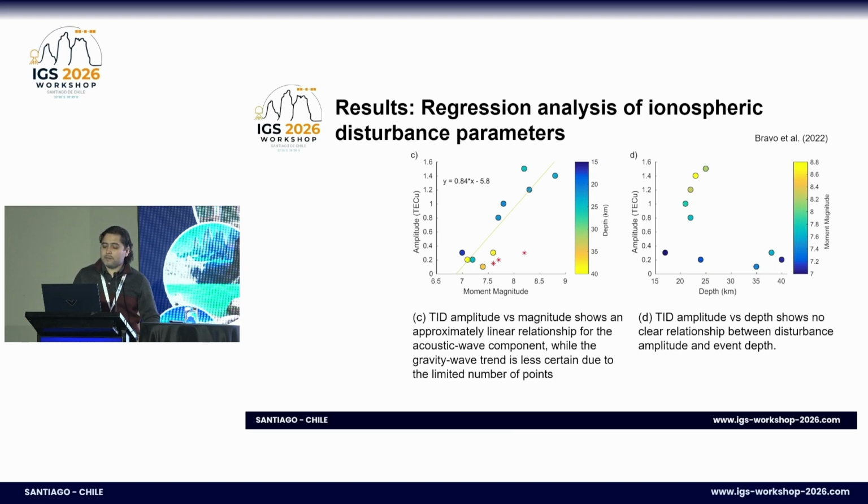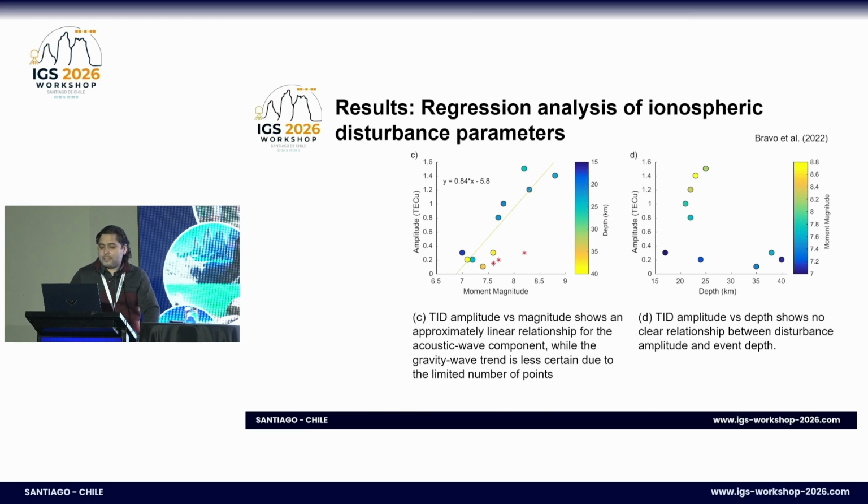And in this other plot, TID amplitude versus magnitude of the earthquake shows an approximately linear relationship for the acoustic wave component, while the gravity wave trend, represented with asterisks, is less certain due to the limited number of points.